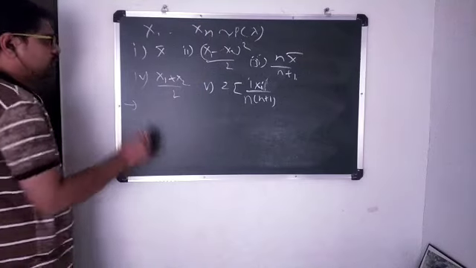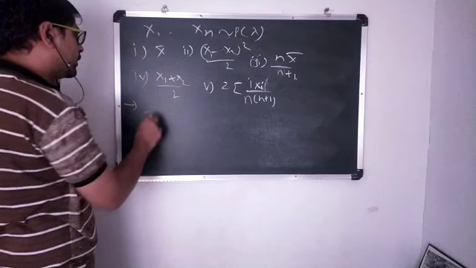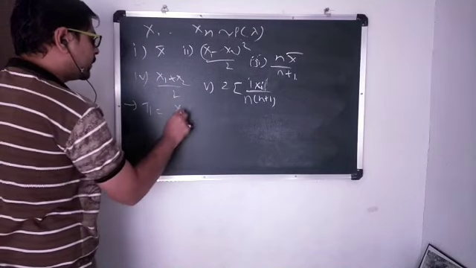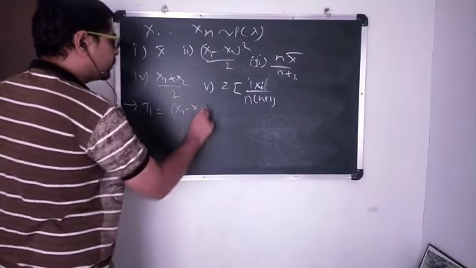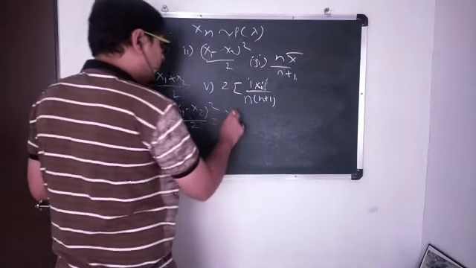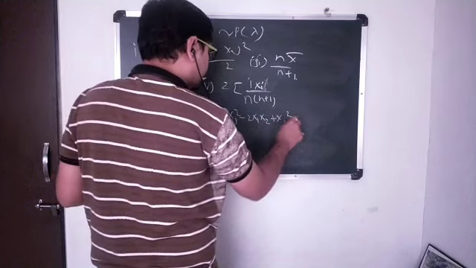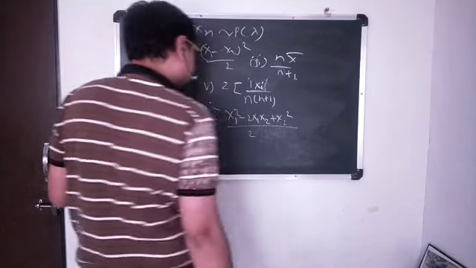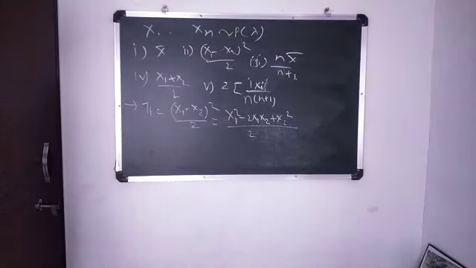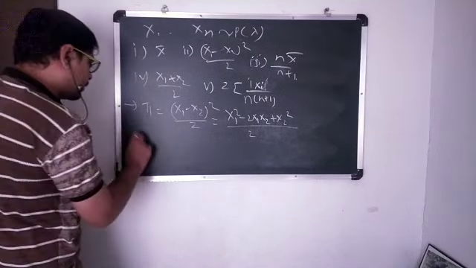First we will consider these two estimators. Let T1 be equal to (x1 minus x2) whole square divided by 2. So (x1 minus x2) square is x1 square minus 2 x1 x2 plus x2 square, divided by 2. Here we can take the expectation of T1.